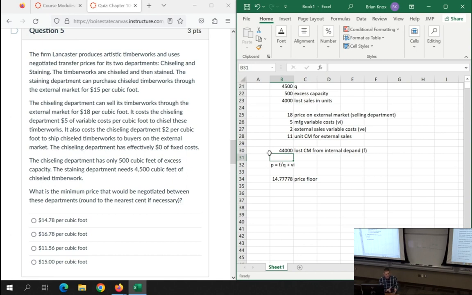The only difference between what we did here and what we did in chapter 3 is that because it's internal versus external, some of the variable costs don't apply. So for internal, we leave out all the external variable costs. We only have V sub I right here, but we do include them when we figure out the contribution margin lost for external sales.